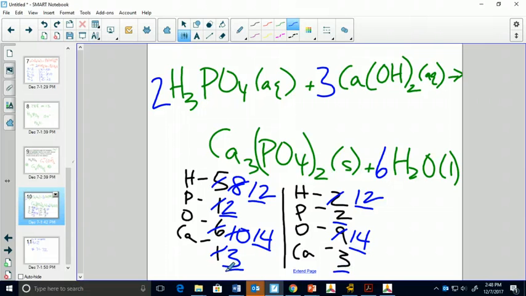So therefore, my formula for this is I need 2 phosphoric acids with 3 calcium hydroxides to produce 1 calcium phosphate and 6 molecules of water. Hope that's helpful for you.